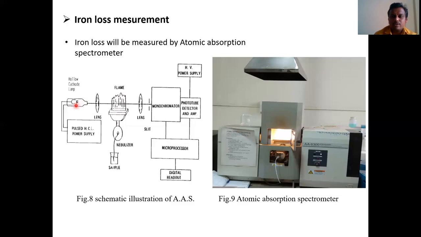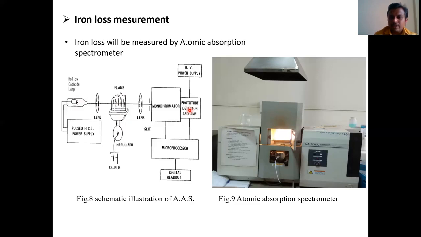Whatever element you are selecting, here we select iron, because you have to measure the iron content in that 3.5% NaCl solution, so you select that lamp. The light passes through the flame, and it detects the iron content in that solution. From that iron content, you can predict the corrosion.